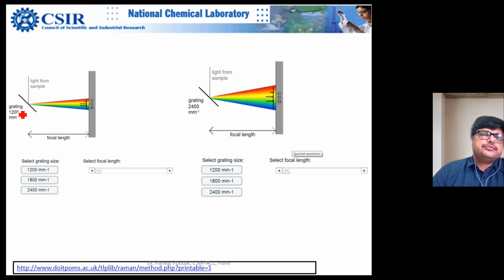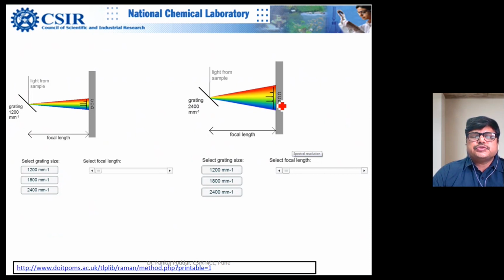Suppose you compare 1200 lines per millimeter and 2400 lines per millimeter, keeping the focal distance the same in both cases. With the grating of higher lines per millimeter, the resolution is far better.